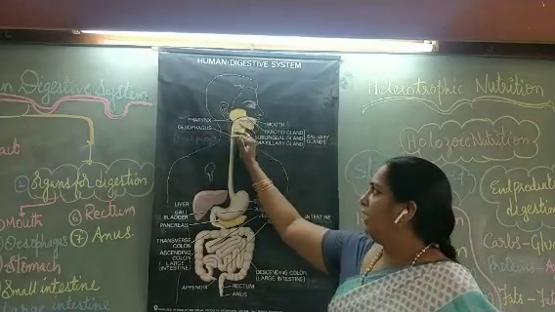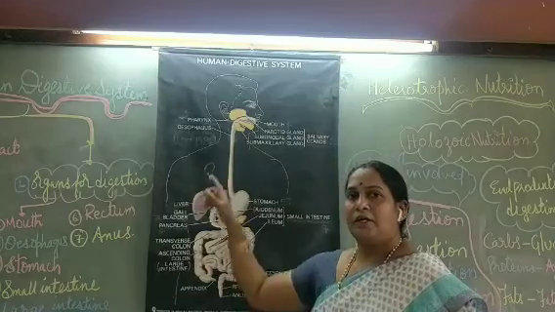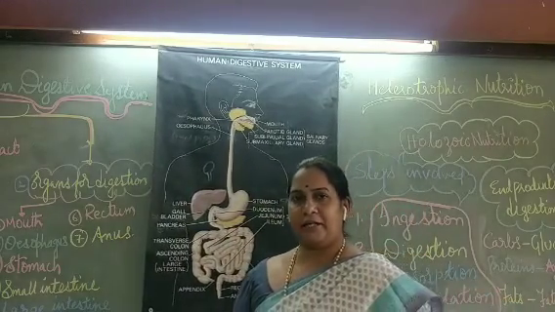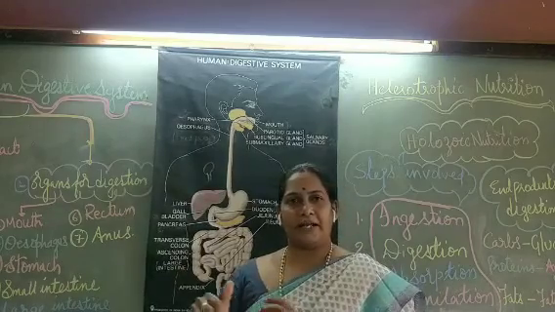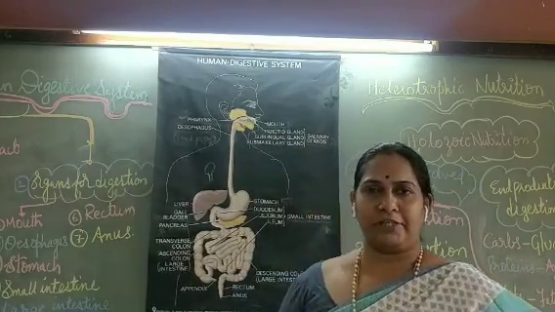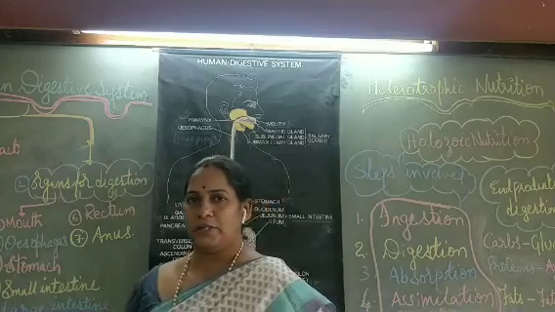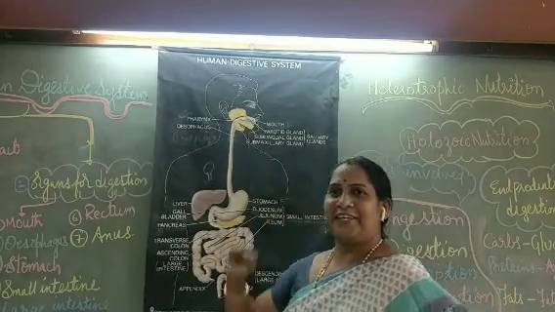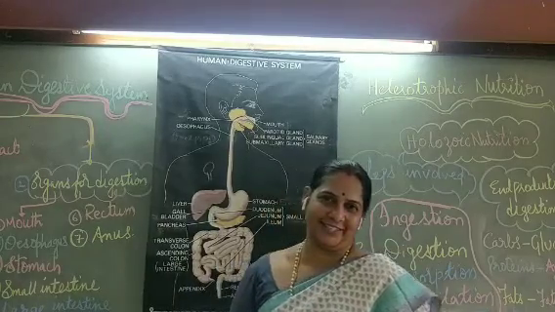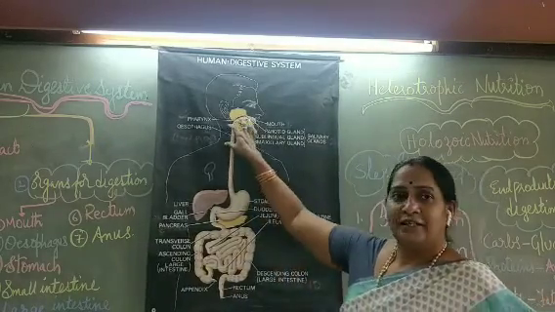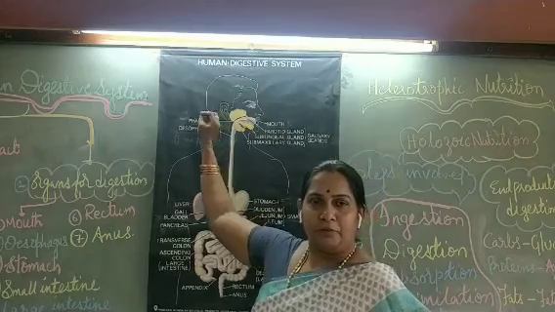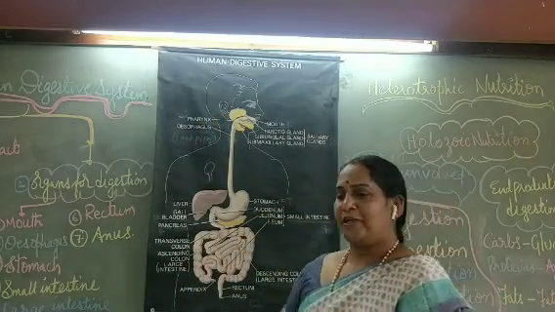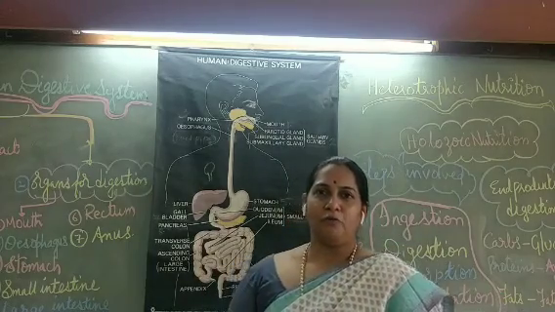In the mouth, apart from the teeth, there is the tongue, which has taste buds and taste receptors so that it can detect different kinds of taste, such as bitter, sour, sweet and salt. The saliva produced by the salivary glands helps in mixing and movement of food.